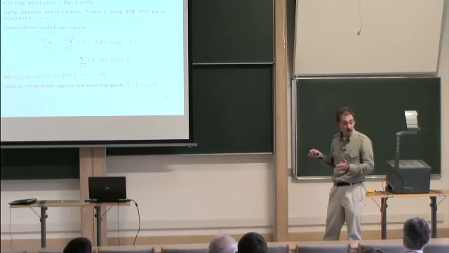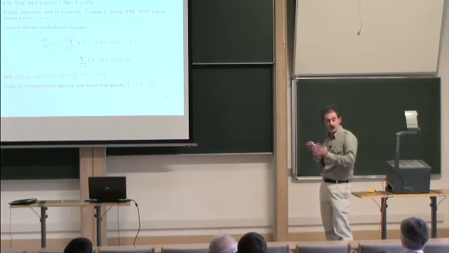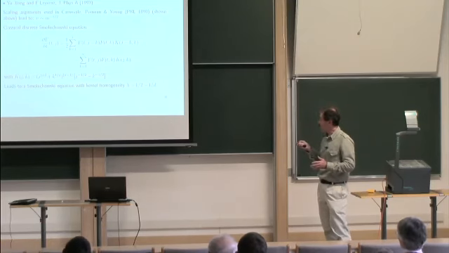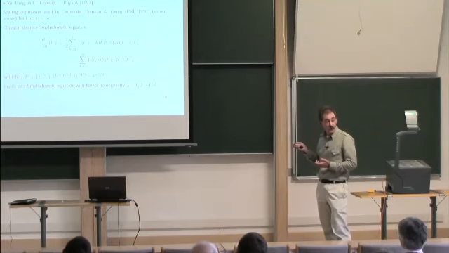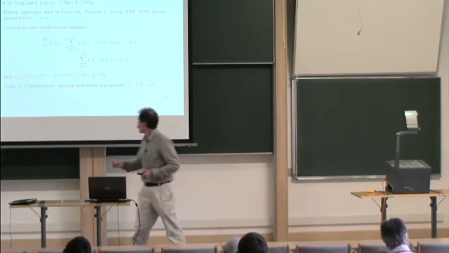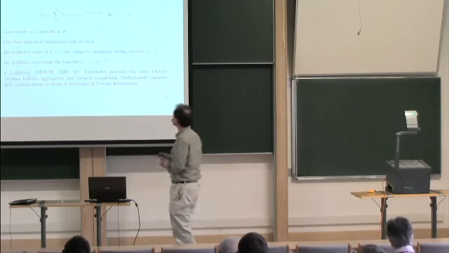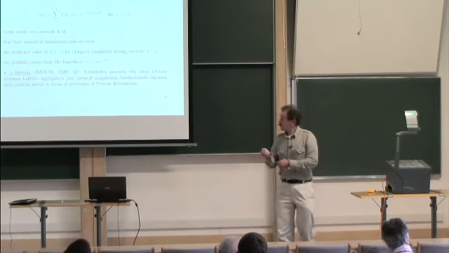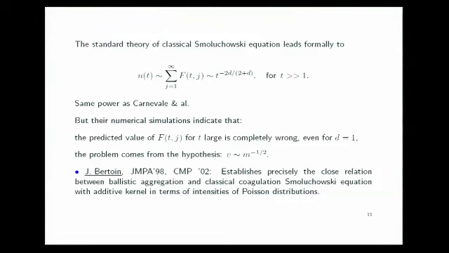Now it is known, at least formally, how the function f behaves for large t when f is a solution of that coagulation equation. And that's what Zhang and Leyvraz do. So the standard theory of coagulation leads formally, in the sense that we are not able to prove that the solutions of the coagulation equations actually behave like that.